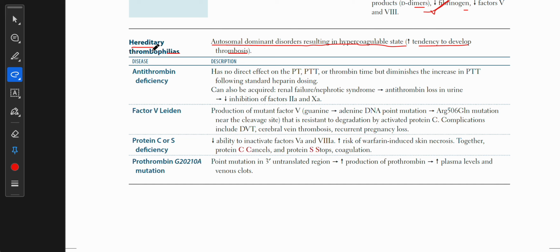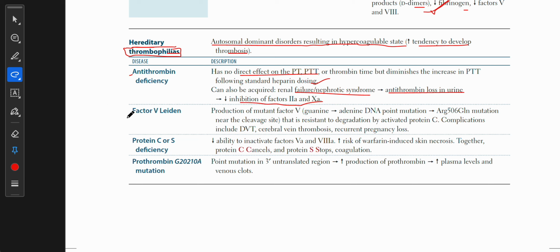So antithrombin deficiency has no direct effect on PT, PTT or thrombin time, but diminishes the increase in PTT following standard heparin dosing. It can also be acquired, as in renal failure or nephrotic syndrome, which lead to antithrombin loss in urine, and thus decreased inhibition of factors 2A and 10A.